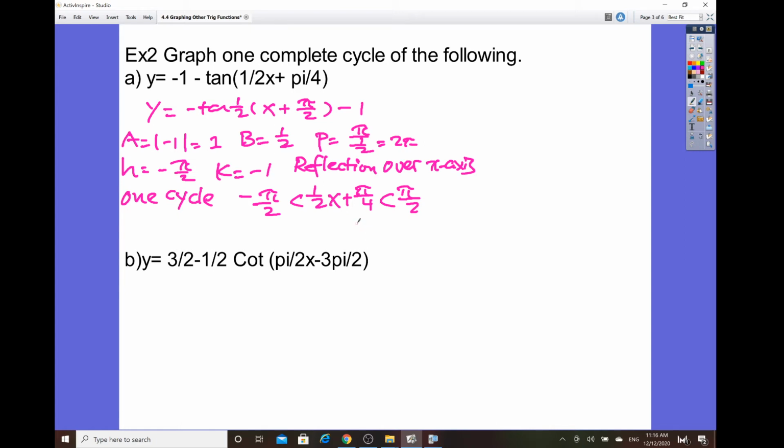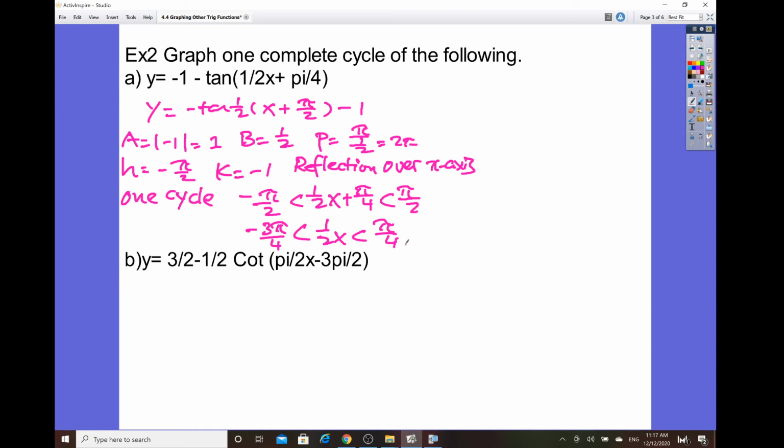So this one is considered negative 3 pi over 4. Okay, so negative pi over 2 is negative 2 pi over 4, minus pi over 4, negative 3 pi over 4. And 1/2 x is less than 2 pi over 4 minus pi over 4, pi over 4.